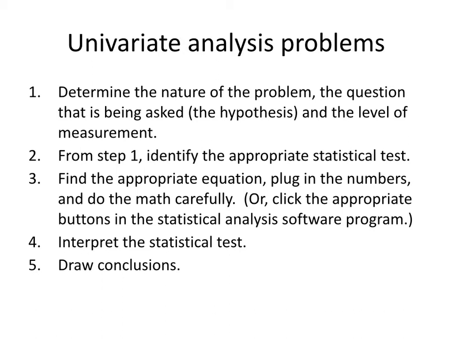So if the level of measurement was interval or ratio, then the test could be a t-test. If the level of measurement were categorical or nominal, then the statistical test would have to be chi-square. And if it was a comparison across more than one category, then it would have to be chi-square and not a proportions test.